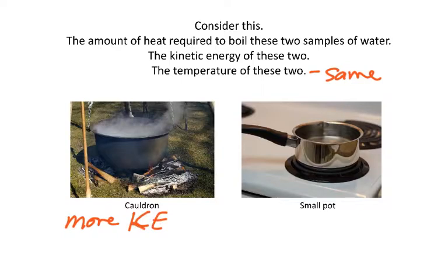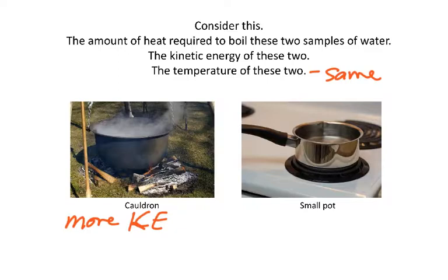Now we're going in reverse order. Now think about the heat that's required to make this boil. Well, we all know from experience that a small amount of water boils faster than a large amount. But why? Well, here we see, because the large cauldron, you have to get more molecules up in kinetic energy, in motion, and heat is the transfer of kinetic energy.